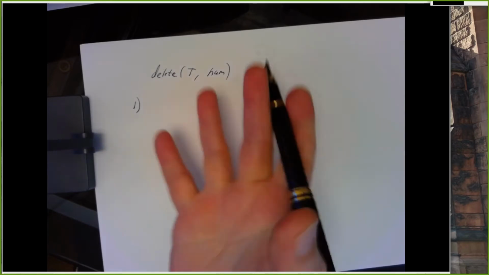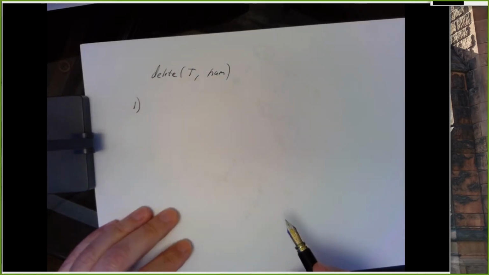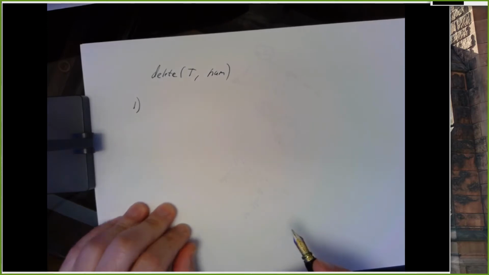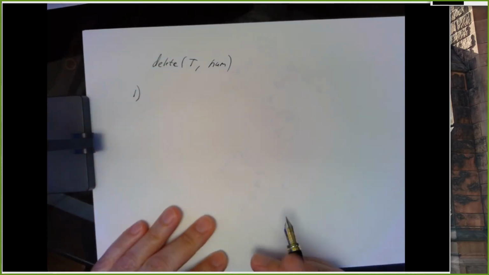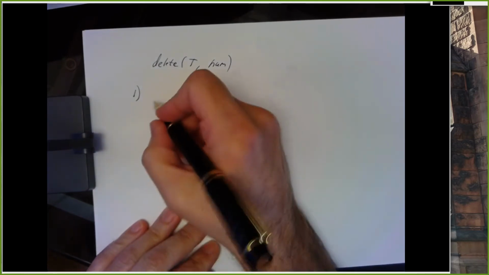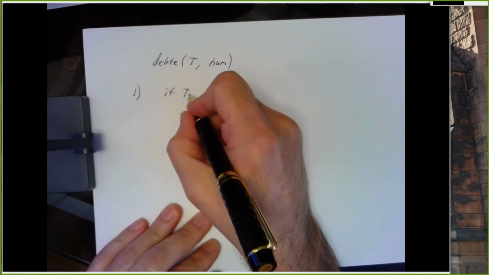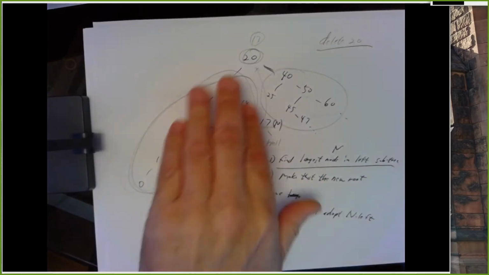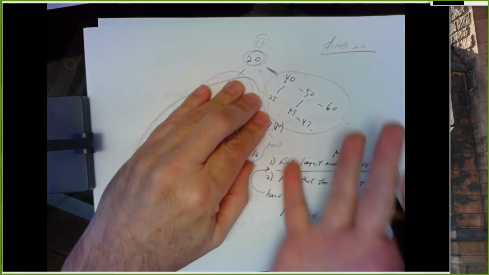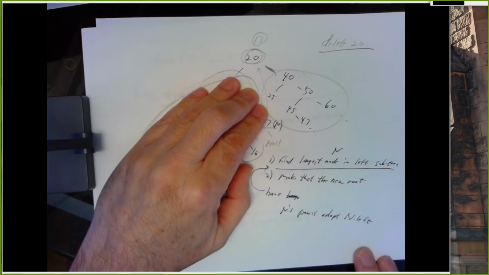And again, I'm just assuming that our number is in the tree, that we're not deleting a number that isn't actually found in the tree. In which case we know t is not null, right? So the first edge case: if t left is null, then we can't do what we're describing. If there's no left subtree, we can't find the largest number in the left subtree.